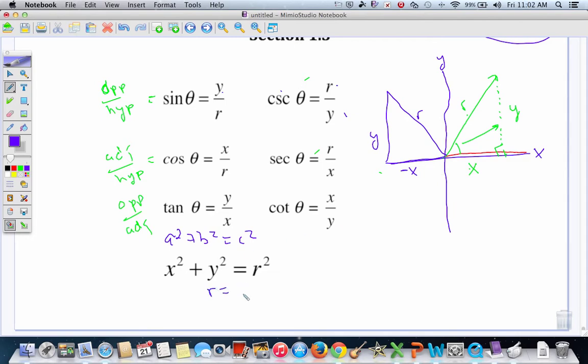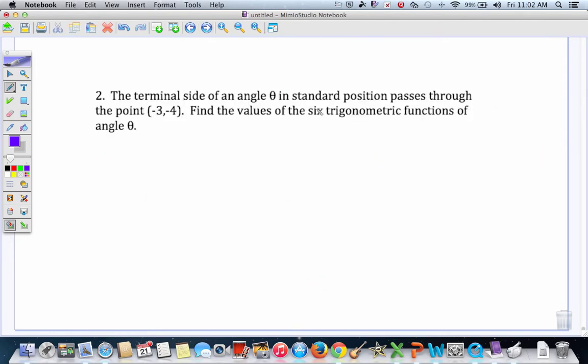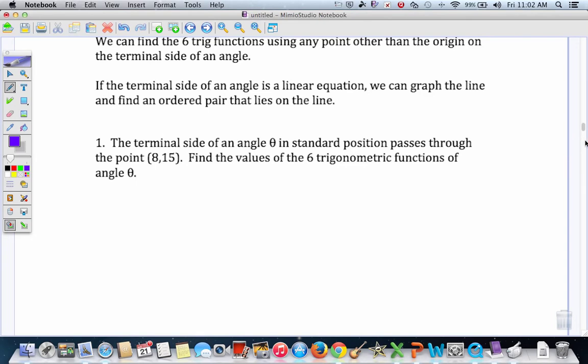But make a mental or a physical note to yourself, r is always a positive number. Our hypotenuse is always positive regardless of what quadrant we're in. Again, x and y can be negative depending on what quadrant we're in, but r will always be a positive value.